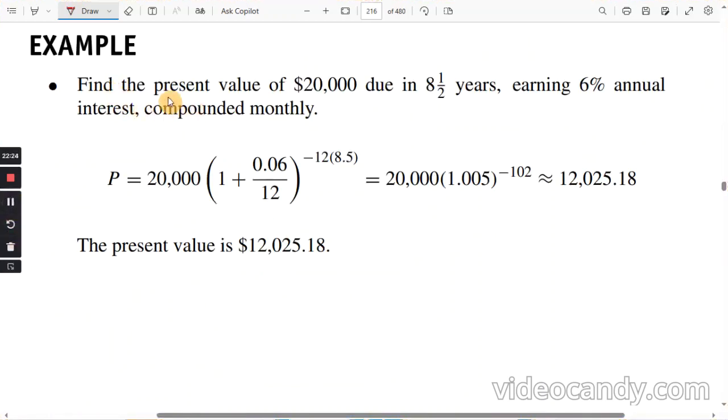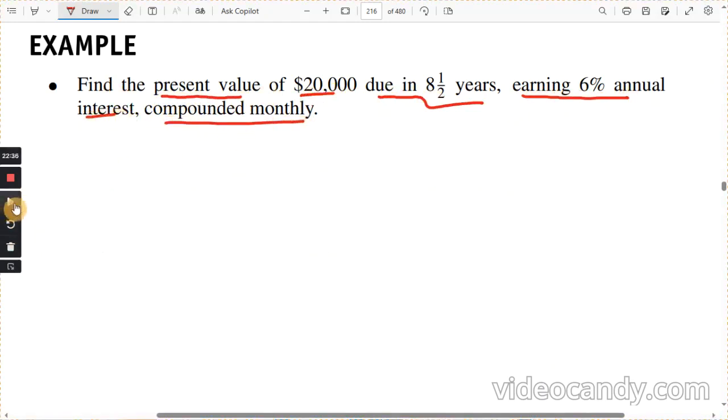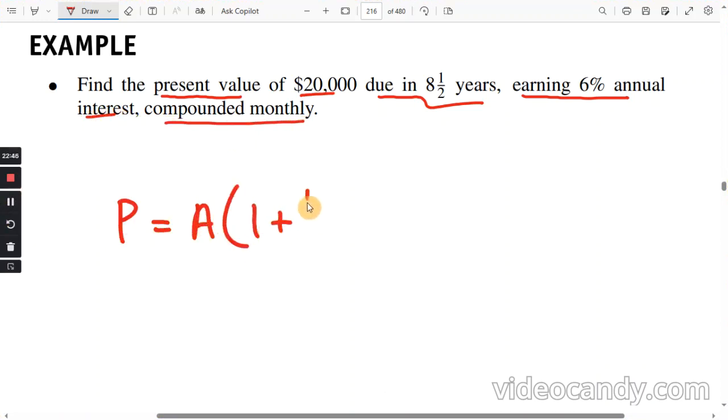All right, last one. Find the present value of 20 grand due in 8.5 years, earning 6% annual interest compounded monthly. All right, so we said the present value P is going to be A times (1 plus r over n) to the power of negative nt.